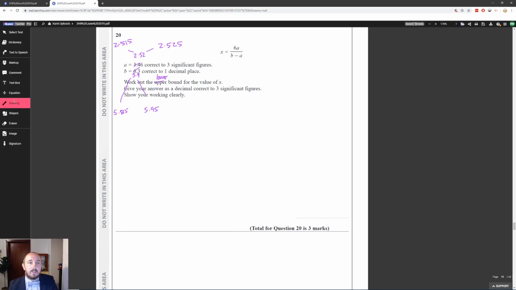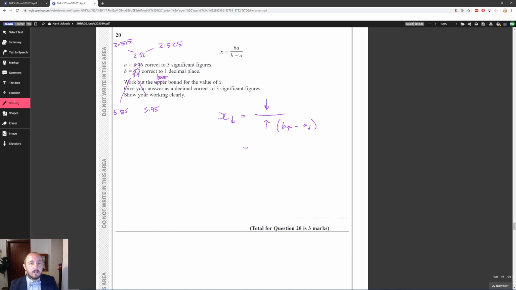So if we want the lower bound of x, that means we need the smallest numerator and the largest denominator, so that when we divide this we get the smallest number. And if we want the largest denominator, because we're subtracting two numbers, we want the largest b minus the smallest a.